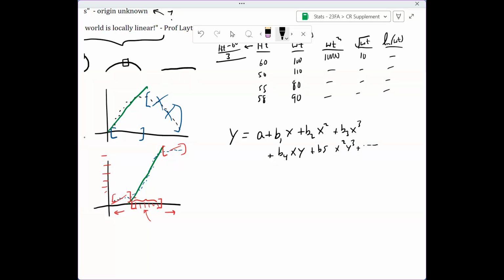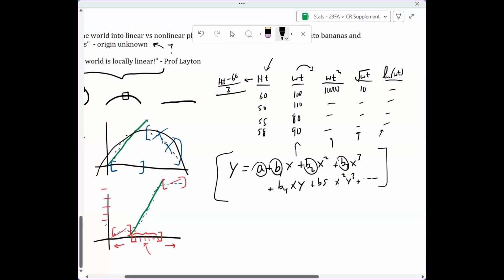And you could imagine that in a big complicated model like this, where we could change all of these parameters, all of these A's and B's in a lot of different ways, we might be able to fit a very complicated curve, one much more complicated than this, very nicely using an expanded idea of multiple regression with all of these different lists of numbers, X or X squared or Y squared or X times Y.